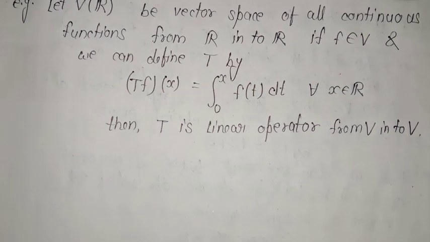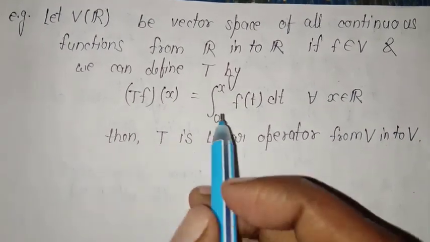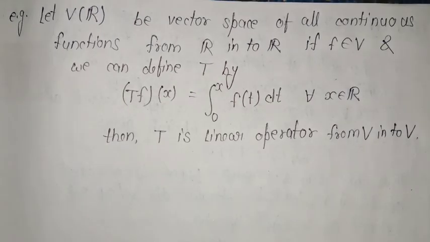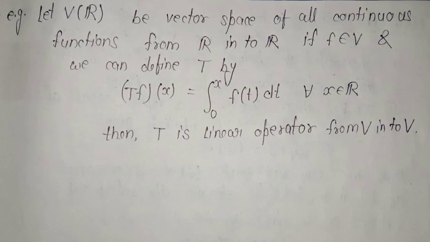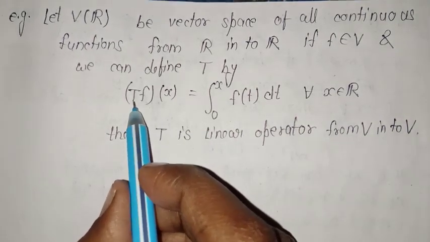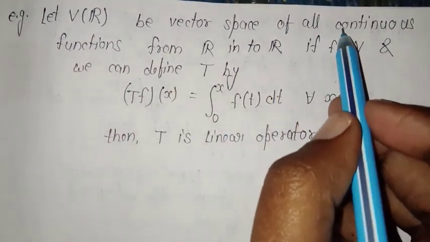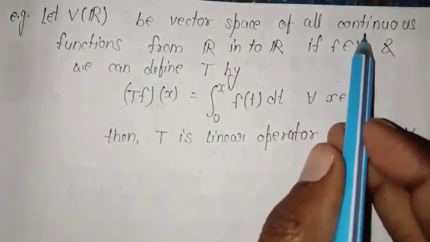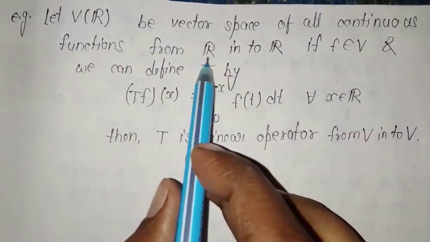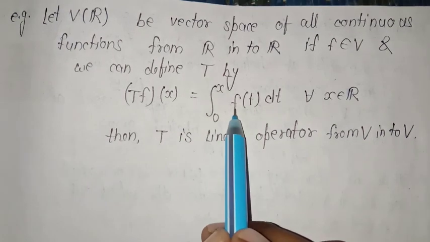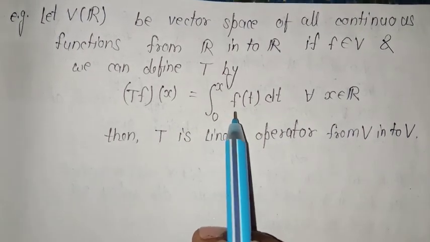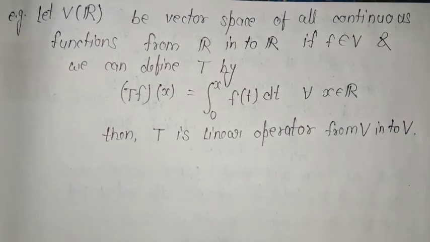Now, firstly we have to check the definition of linear operator, but before that we need to check that after multiplying with the scalar, because these functions are continuous as well as real valued because they are coming from R. So if we multiply this function with any real scalar, then this must be continuous again.